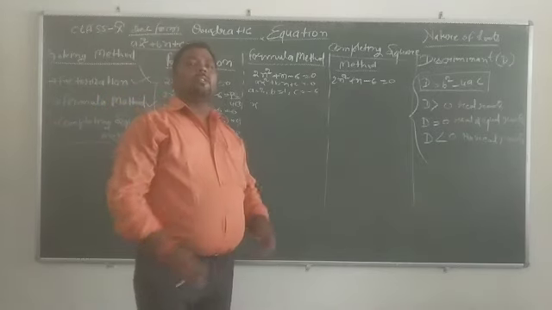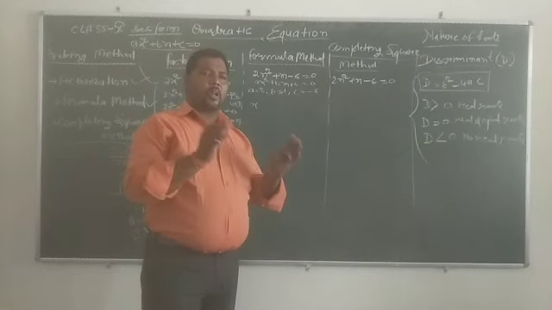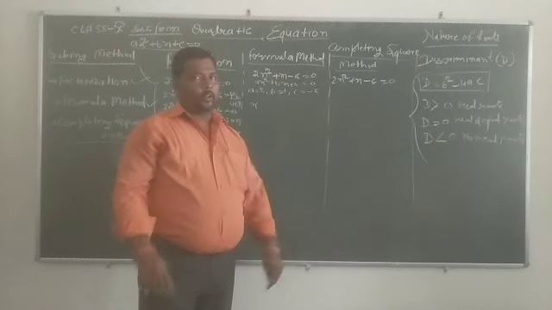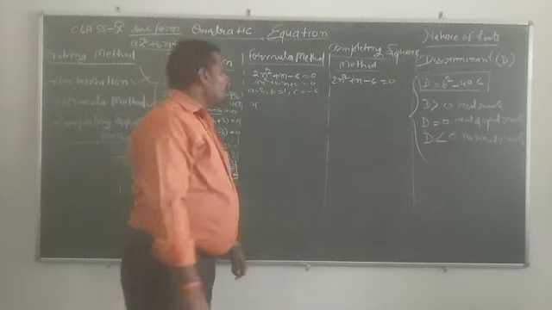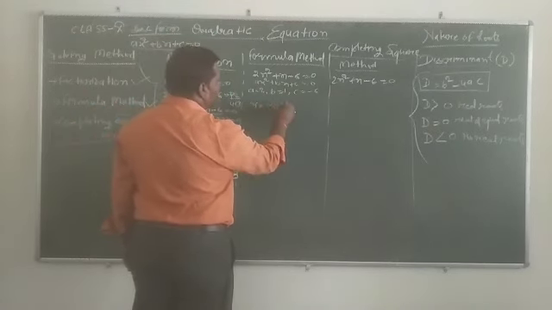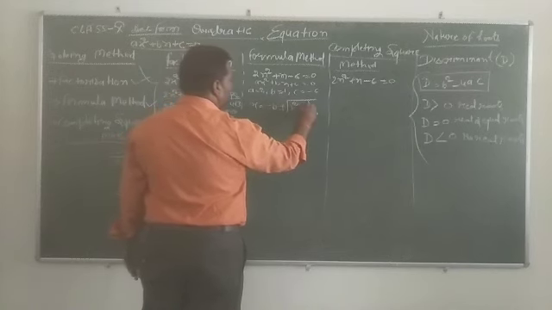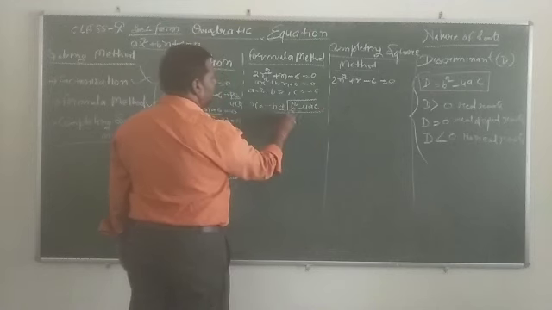Quadratic equation कभी सॉल्व ना हो रही हो, x का वैल्यू ना निकलना हो, roots ना निकलना हो, अब formula method अप्लाई कर दीजिए. Okay students, how can we apply this formula? So x equals to minus b plus minus under root b square minus 4ac and upon 2a.